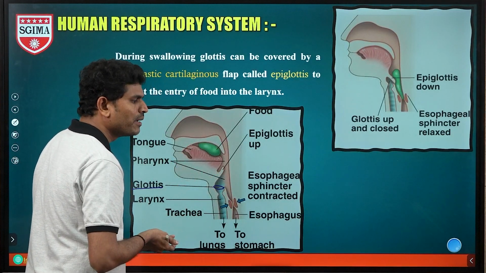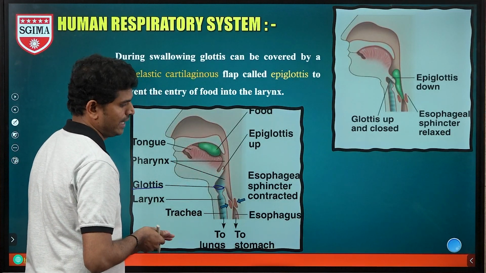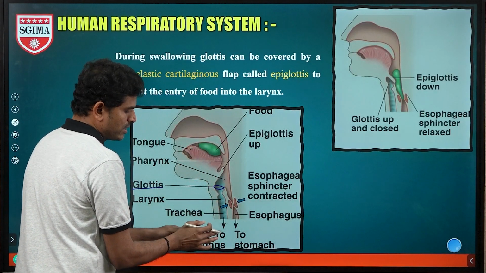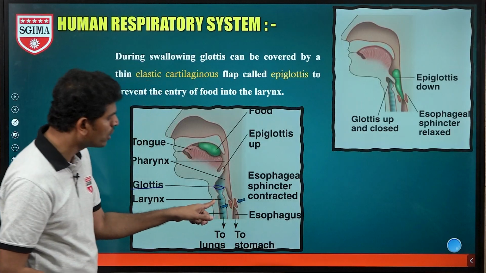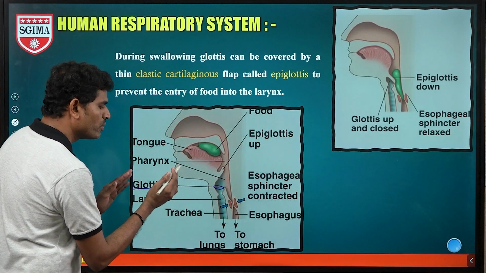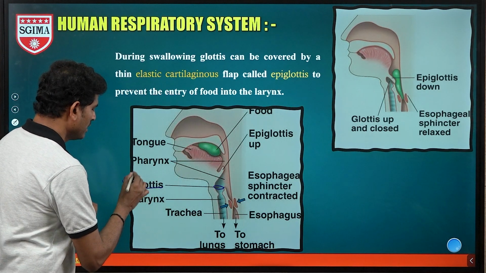Pharynx clearly is a common passage for food and air. So now here is a strictly restricted area. Only filtered air will be allowed into the respiratory tract. So this opening of the respiratory tract is known as glottis.